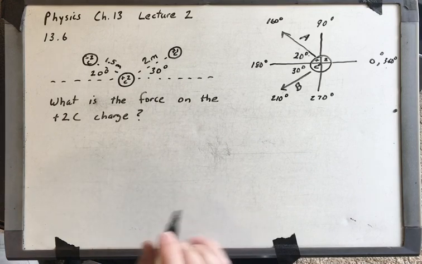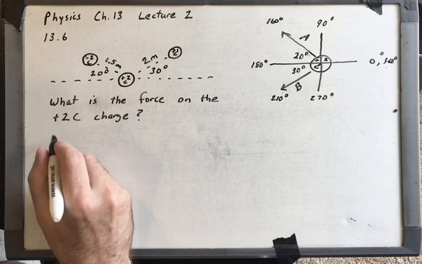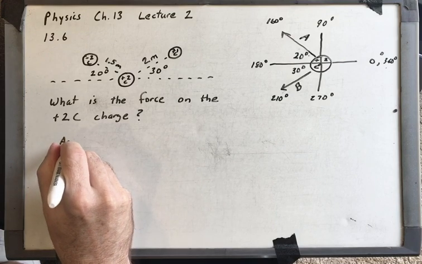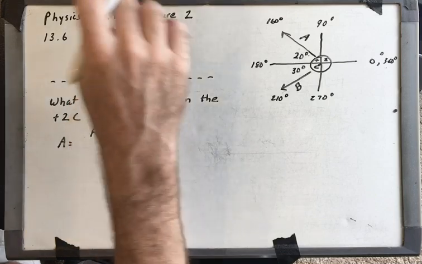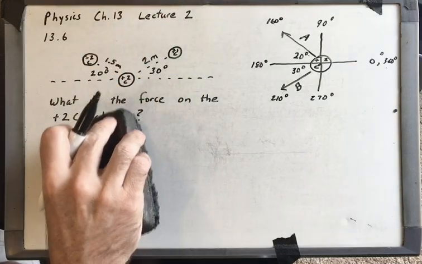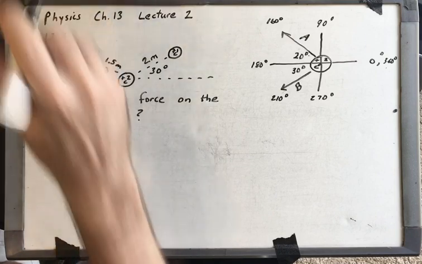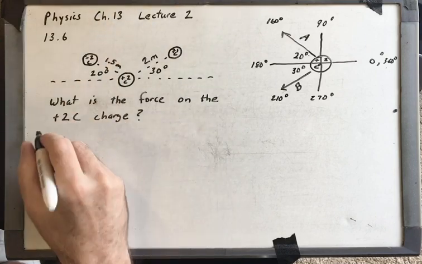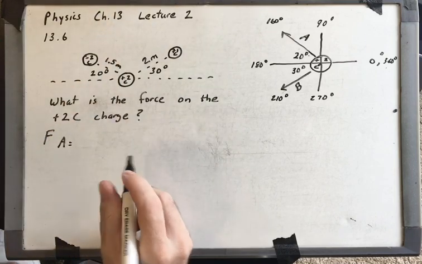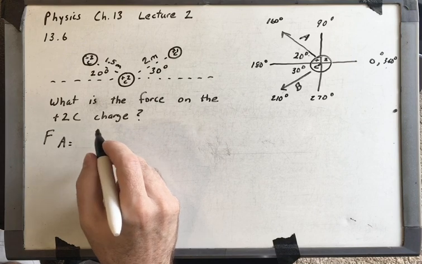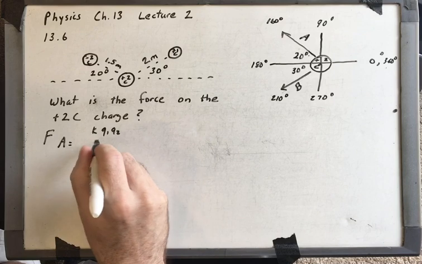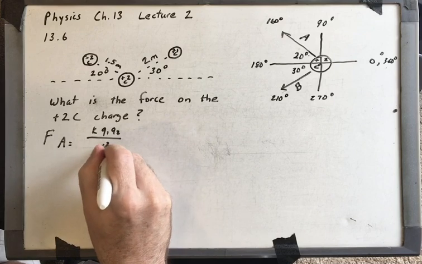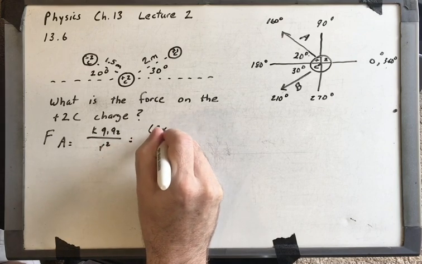Okay, let's get the force on vector A. We'll call this force on A. It's going to be K times Q1 times Q2 over R squared. So that's 9 times 10 to the 9th.